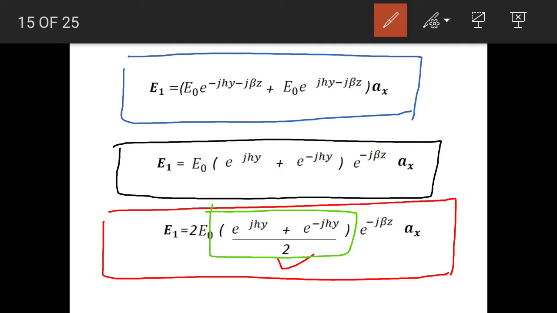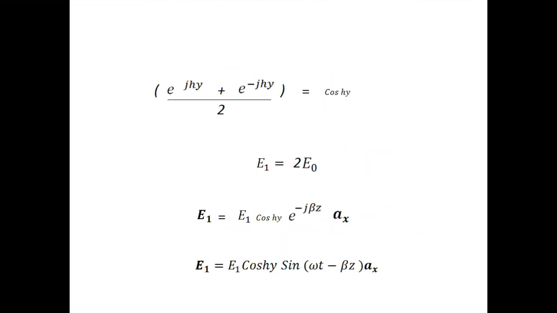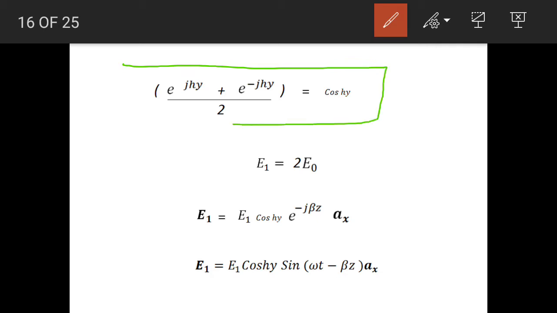So we know that e raised to power jhy plus e raised to power minus jhy divided by 2 is equal to cos hy, and we replace 2 E naught by E1.